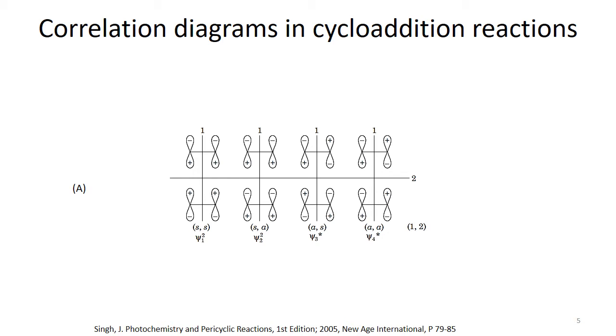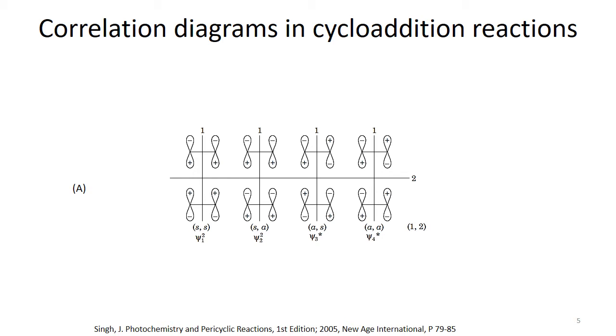One is that they interact in supra. Supra, you know, means that similar lobes, p orbital lobes, interact together from the same side. So in this case, that is the psi 1 square. These two lobes interact in suprafacial fashion.